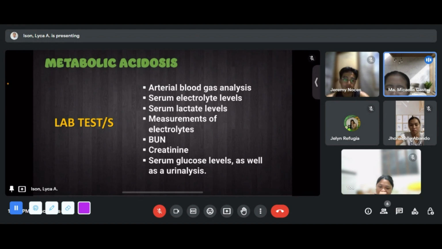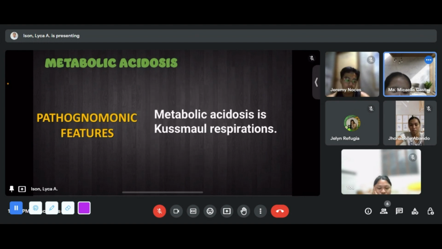Yung pathognomonic signs. Yung pathognomonic sign ng metabolic acidosis is Kussmaul respiration, na tinatawag na malalim at mabilis na paghinga.